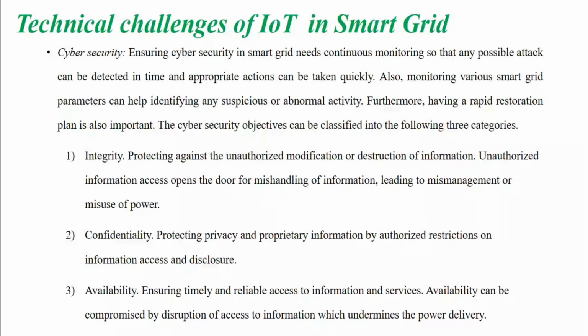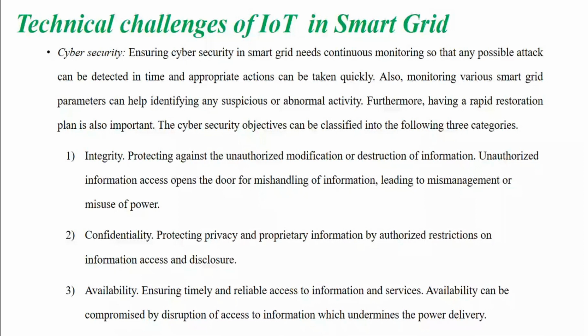So the cyber security objectives can be classified as follows: integrity, confidentiality and availability. Integrity means protecting against unauthorized modification or destruction of information. Unauthorized information access opens the door for mishandling of information, leading to mismanagement or misuse of power.